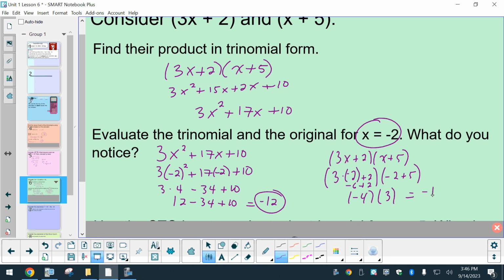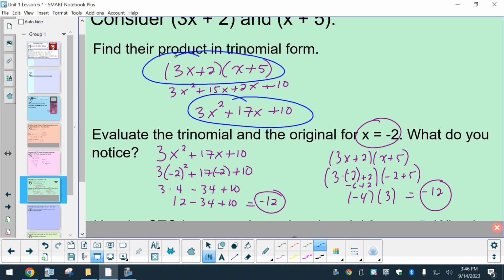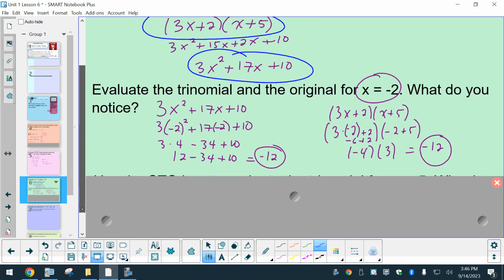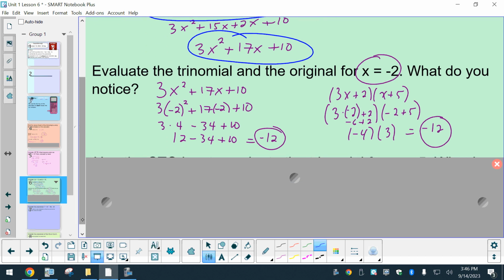You guys notice that you get the same answer. So that's proving to you that what you did is equivalent. Okay, so it's saying that this trinomial that I'm circling is equal to it written as a product. And then you also know that you did it correctly.